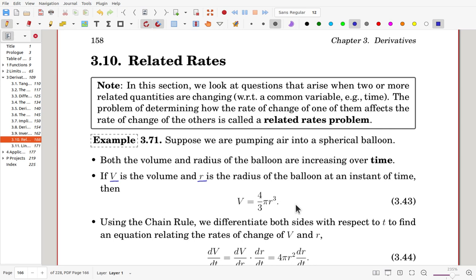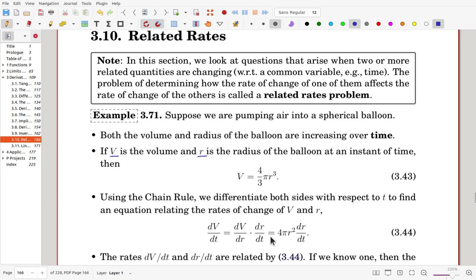So we can differentiate them with respect to time. And by using the chain rule, we can obtain this equation: the V t derivative is the same as the V r derivative times the r t derivative. And the V r derivative is the same as 4 pi r squared.